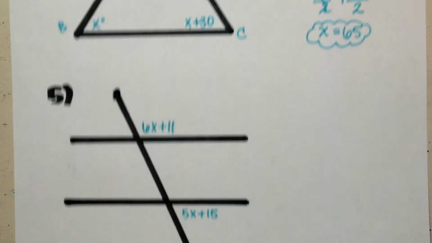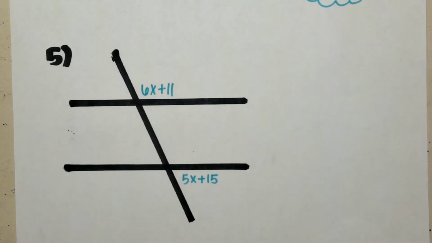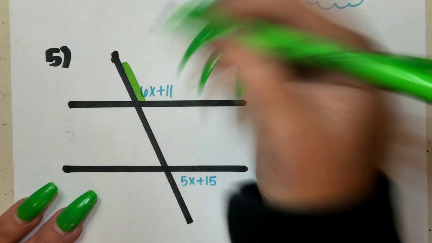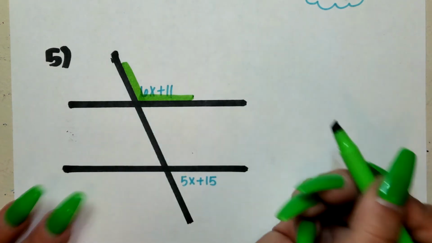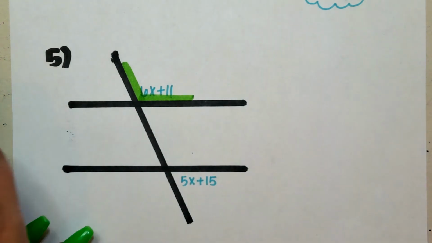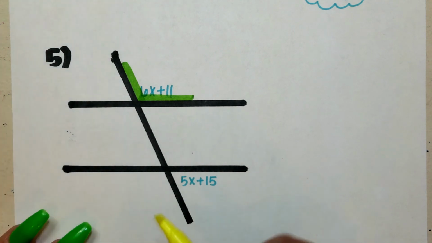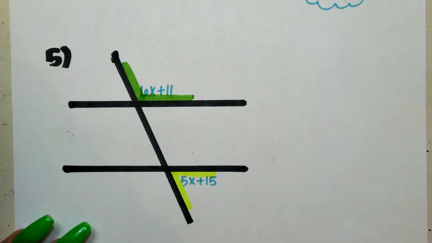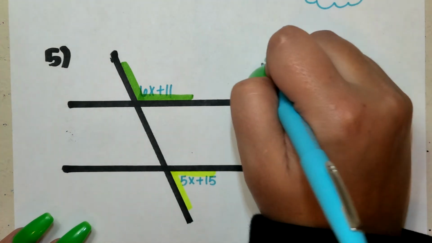Okay, number 5. Number 5 is a transversal, so I need to figure out what type of angles I have. My first one is obtuse. My second one is acute. So I have different angles.